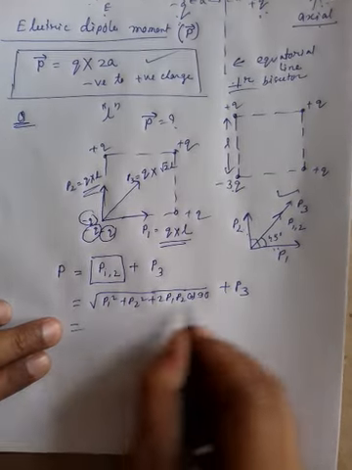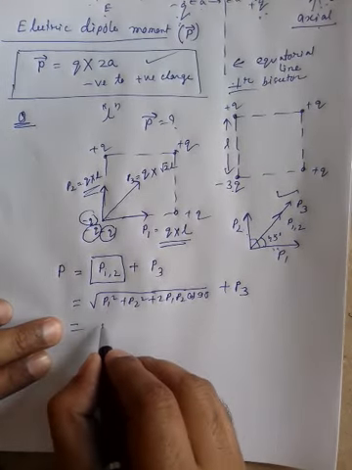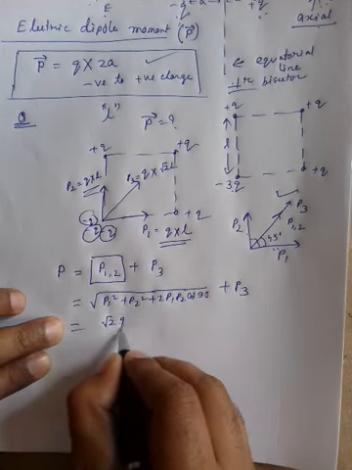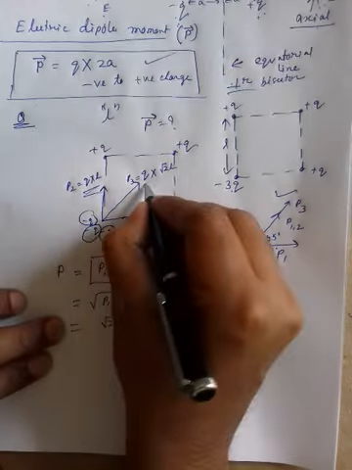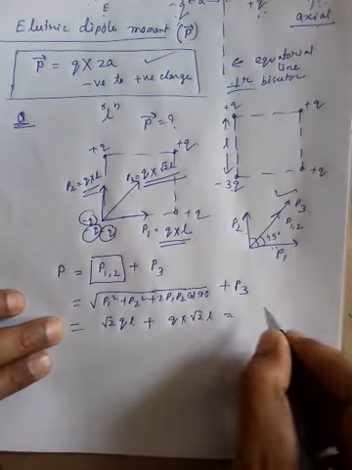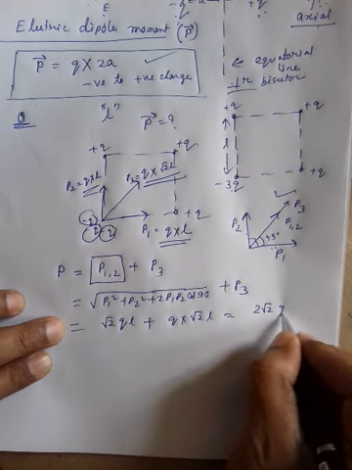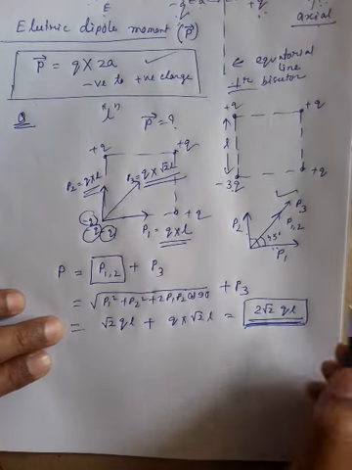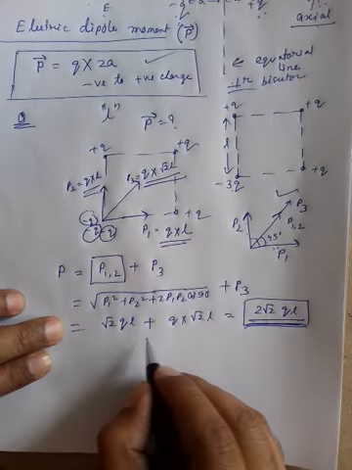Cos 90 is 0, so simplifying, it is root 2 qL. P3 is also q into root 2 L, so the answer is 2 root 2 qL. So this is the total dipole moment. Clear? The direction of the dipole moment is along the diagonal.